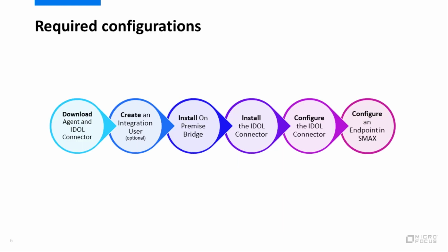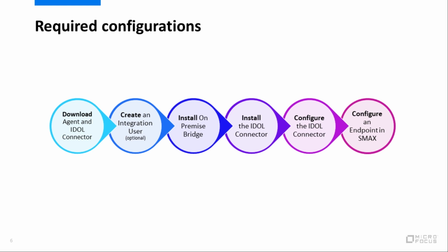So what are the steps you need to do to set up this integration? In the first place, you need to download the agent, the so-called on-premise bridge. I'll show you in a minute where you can download that. And of course, you need to download the IDOL connector, either for SharePoint or for Confluence.